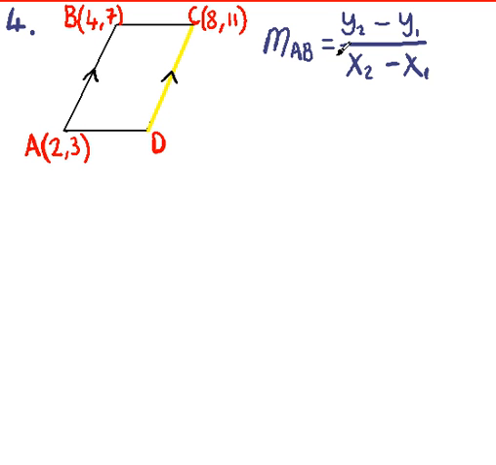Putting down our gradient formula, we're dealing with points A and B. So y2 is 7, take away y1, which is 3, divided by x2 minus x1, so x2 is 4, take away x1, which is 2.